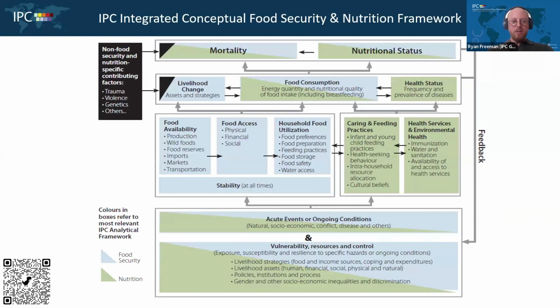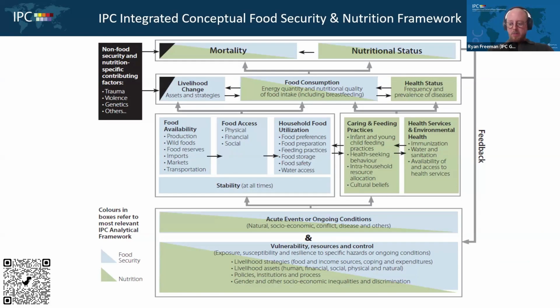So when we start here, this is an easy way to center our discussion. This is going to be the IPC Integrated Conceptual Food Security and Nutrition Framework. Now, we always talk about food security and nutrition when we talk about the overall IPC, because these are the two different scales or the two phenomena that we're very interested in analyzing.